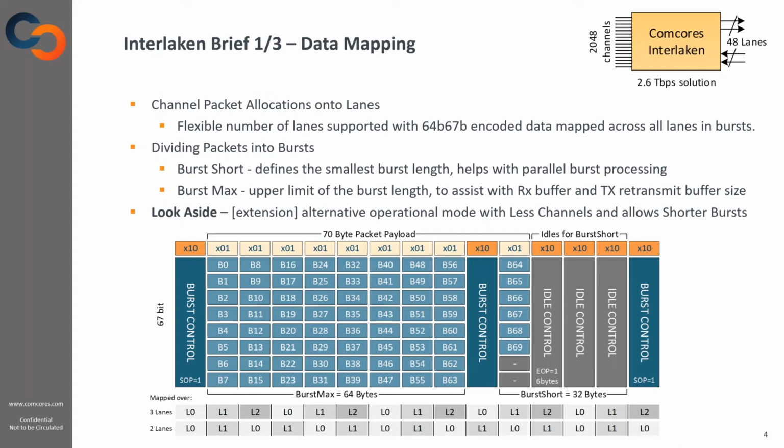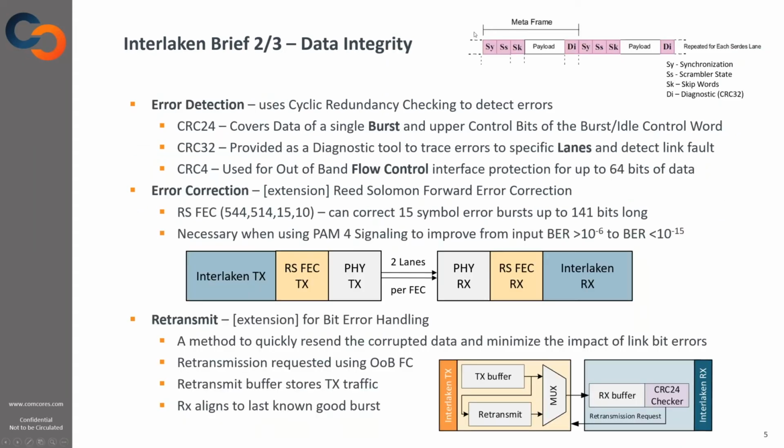In this picture on top, you can see there's a meta frame, which carries some synchronization, some skip words, and some diagnostics around the payload. Depending on how often or how big the meta frame is, so how often you insert these extra meta frame bits, the penalty and the throughput can be different.